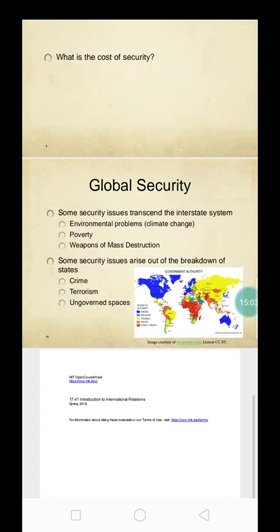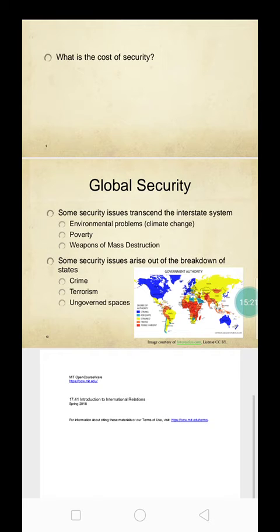Weapons of mass destruction: chemical, biological, radiological, nuclear, and explosive weapons, also known as weapons of mass destruction, have the potential to kill thousands of people in a single incident.